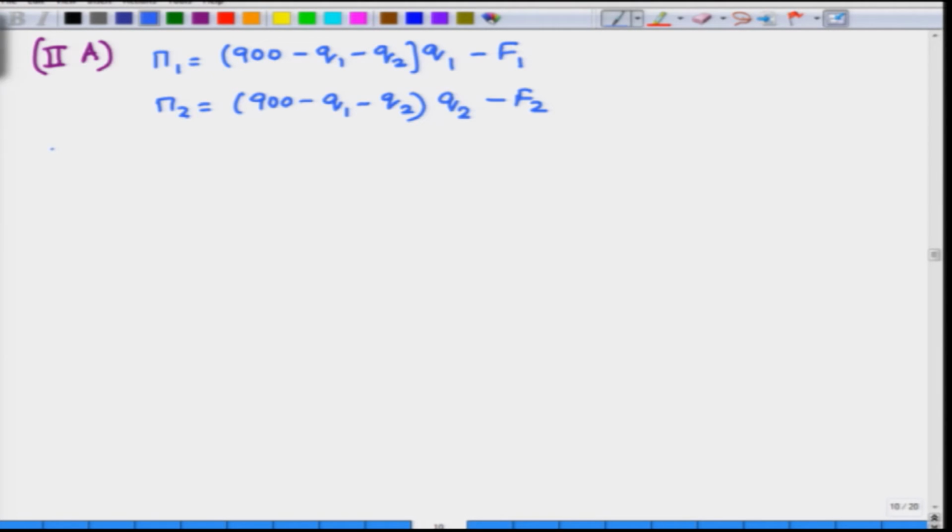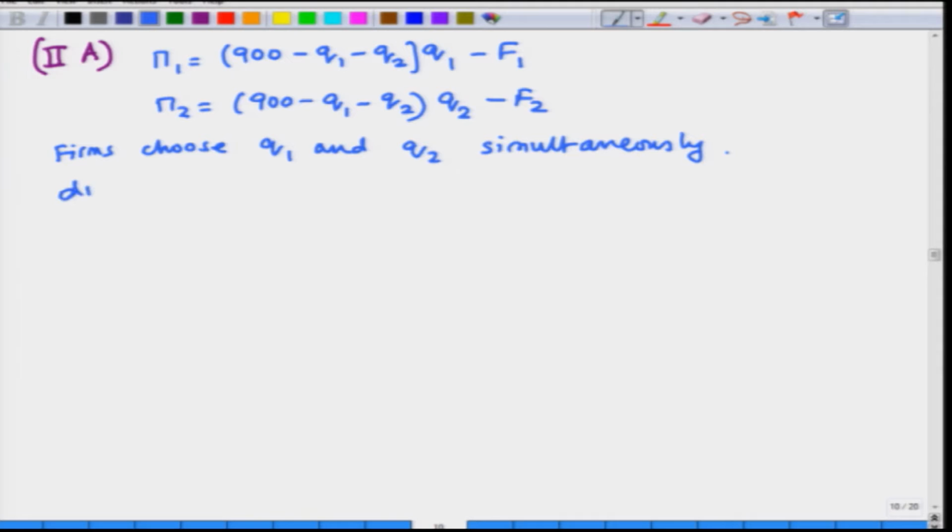So, since the post entry competition is Cournot, both the firms are simultaneously choosing their Qs. So, firms choose Q1 and Q2 simultaneously.